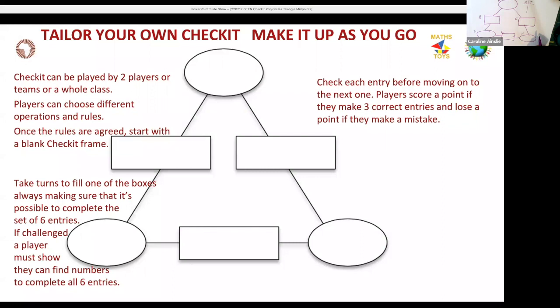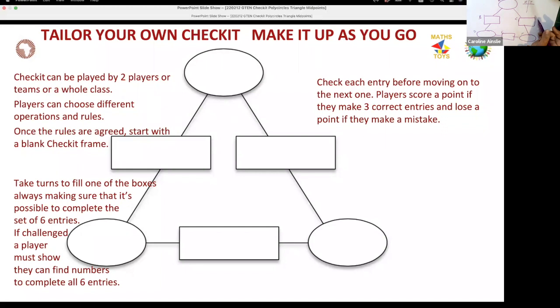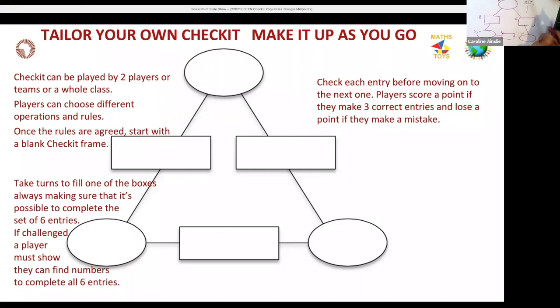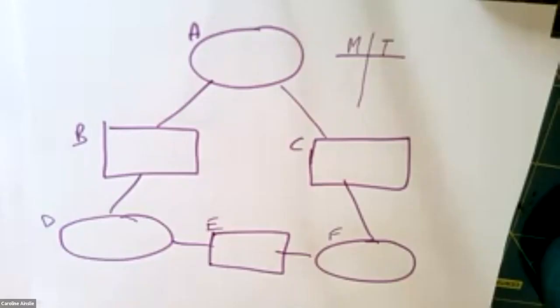And players score a point if they make 3 correct entries and lose a point if they make a mistake. Or if you decide the rule is 3 points, that's fine. I think the thing to bear in mind as teachers is that you are able to make different rules on different occasions when you play this sort of game.